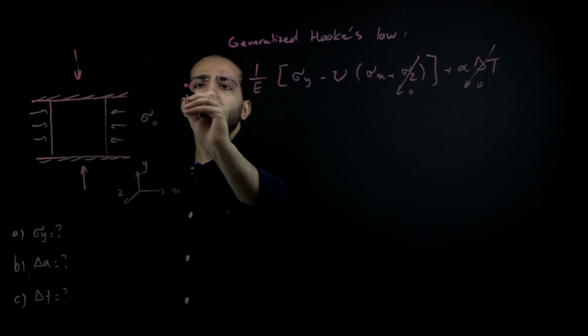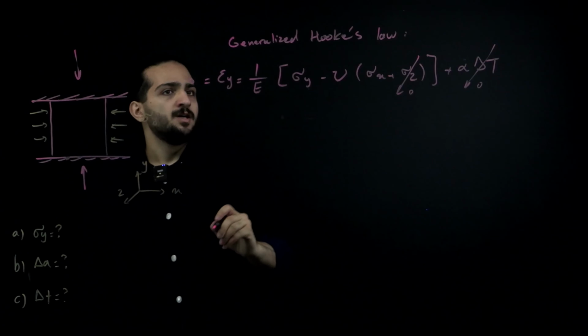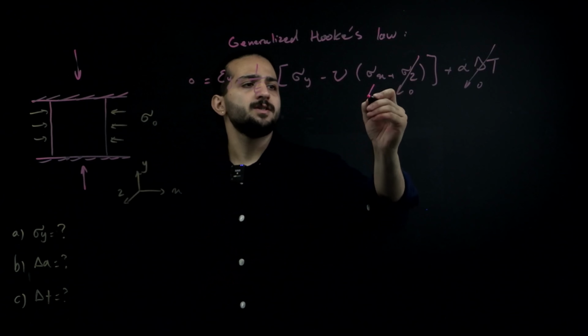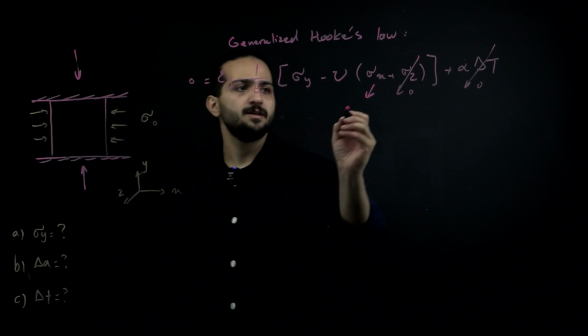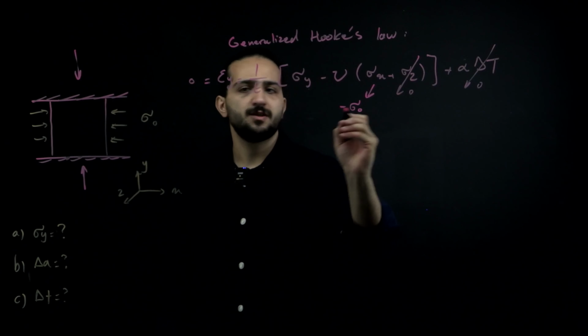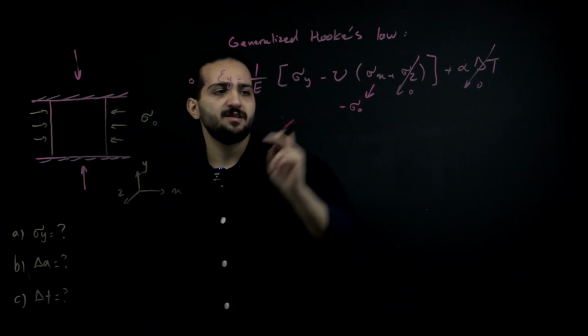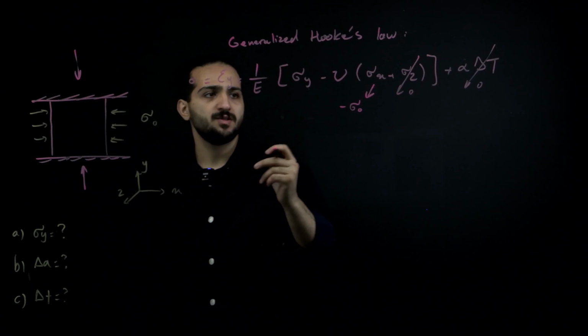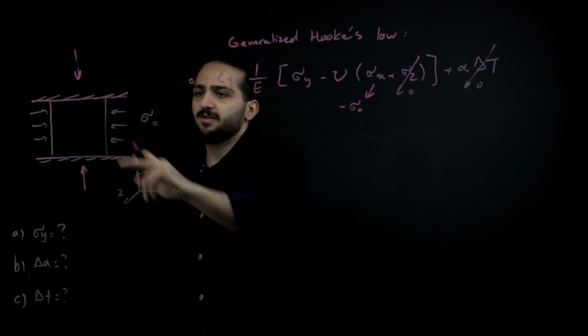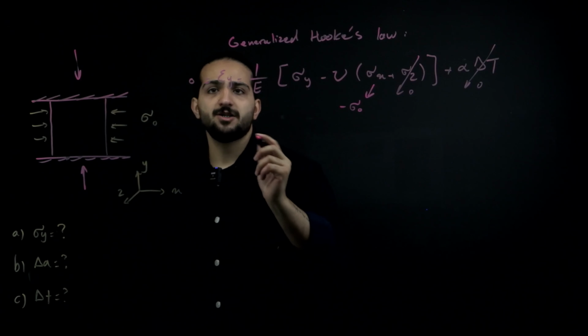So epsilon y is equal to 0. And we know this sigma x is negative sigma 0 because sigma x is a compressive stress.